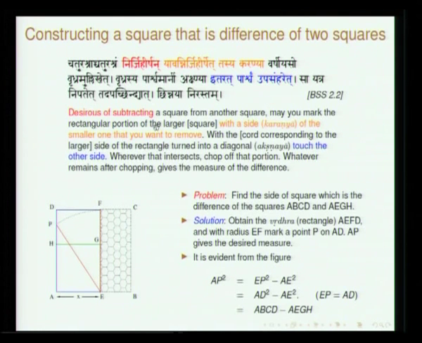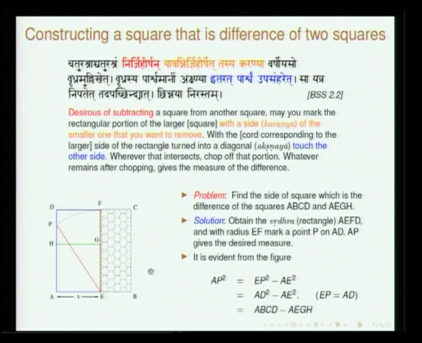Sa yatra nipatet. So, wherever it falls, tad apachhindyat, may you cut it. Okay. Chinnaya Nirastam. So, once you do that, what you will get is the square which is the difference of the two squares. So, AP is the measure which gives the side of the difference of the two squares.